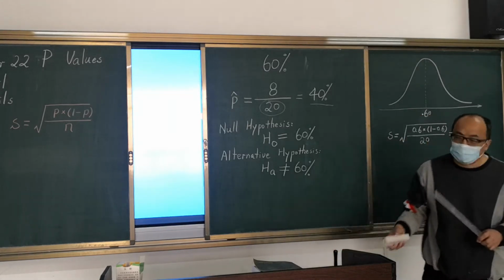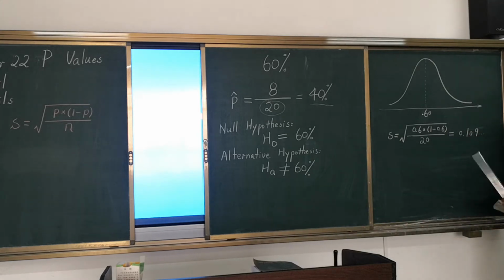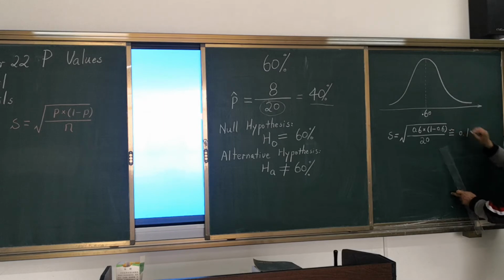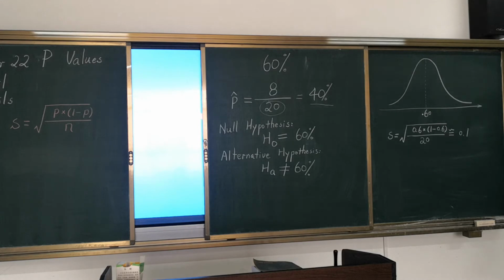To be easy for teaching, I think this example is from your textbook, so we just make it 0.1. Okay. If you don't feel comfortable, I add the symbol. It's 0.1. This makes our teaching easier to go. I just ignore the 009.